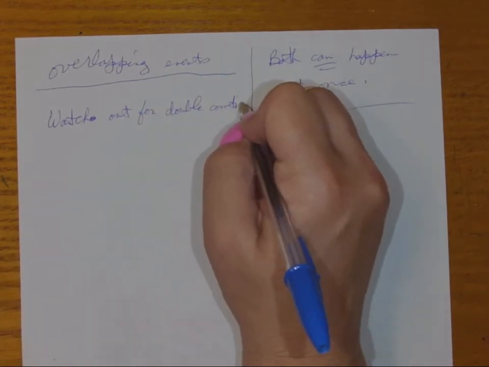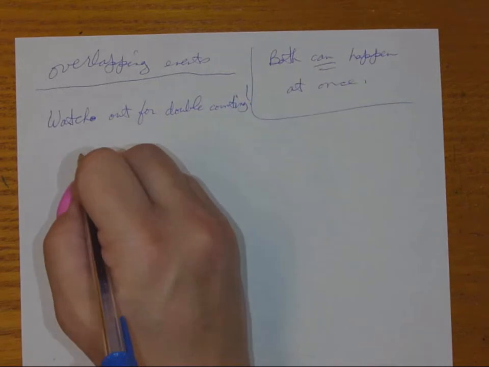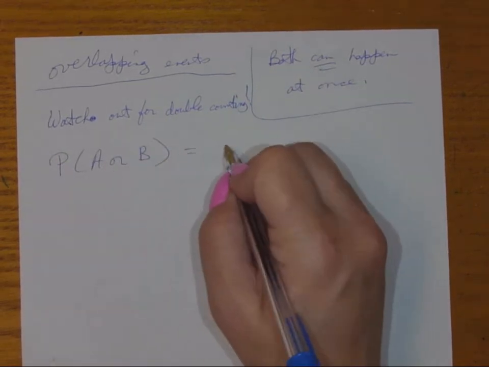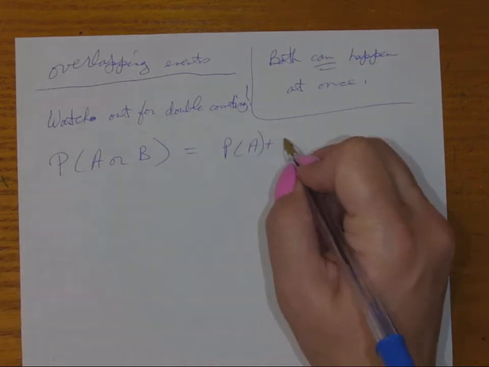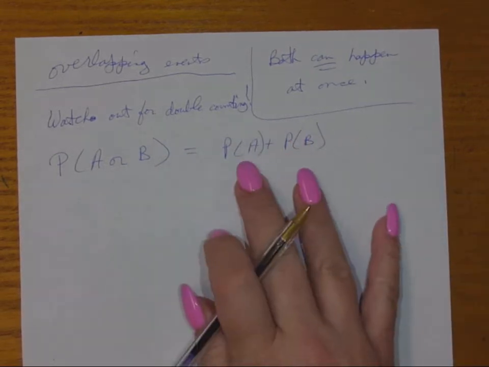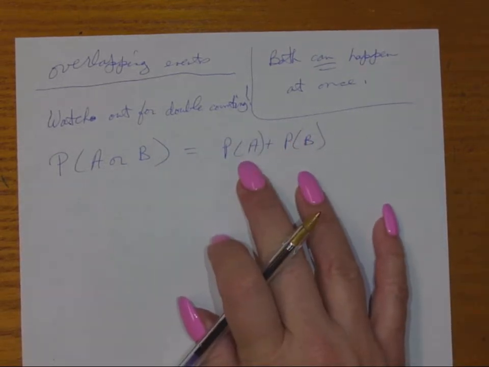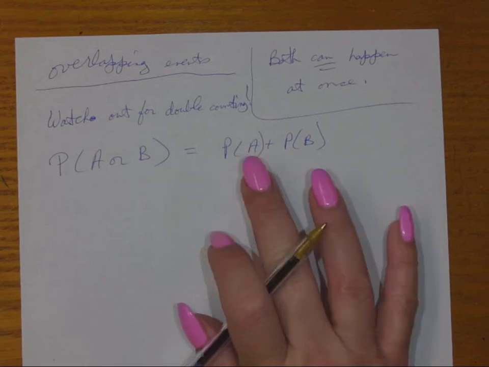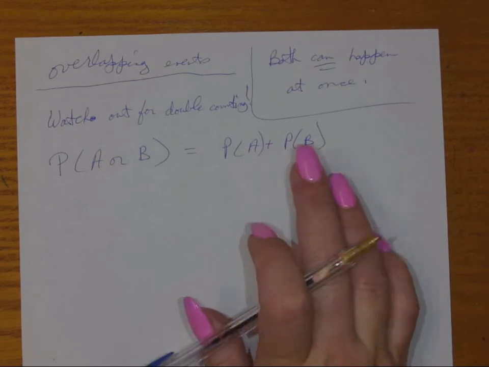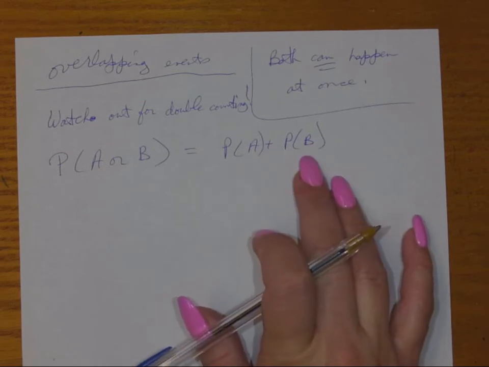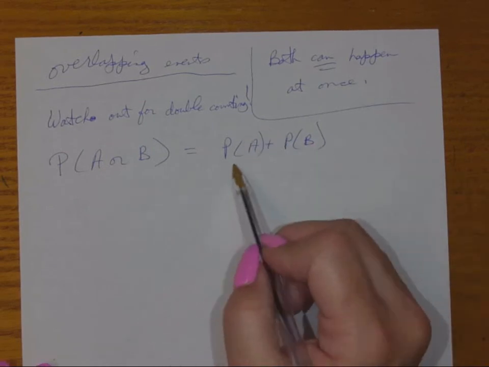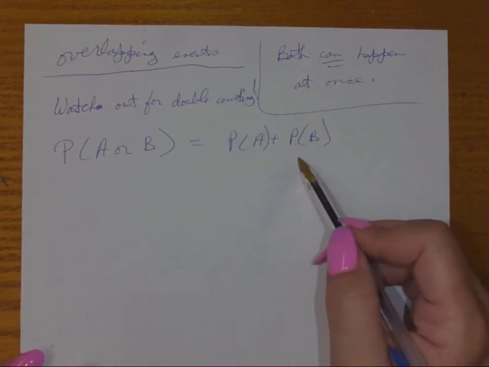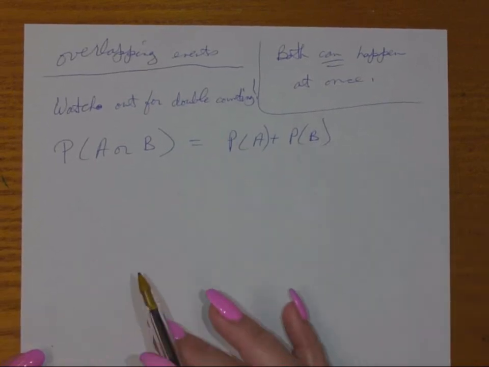So if you just do the probability of A or B, we're doing a union here, and you just do the probability of A plus the probability of B, then you're going to be in trouble because there are people who are in the intersection, right? And those people, if I just add them up in the first group and I add them up in the second group, that's the case where they're in the non-white group and the poverty level group at the same time, then I'm in trouble. They're getting double counted.